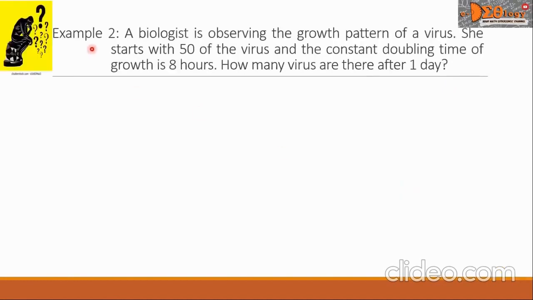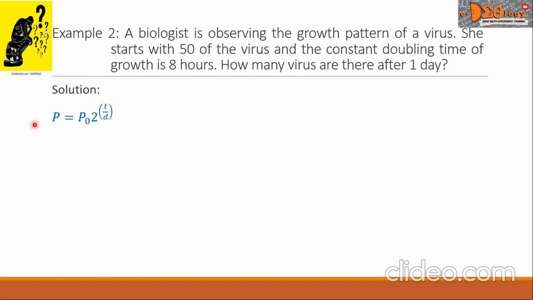Let's have example 2. A biologist is observing the growth pattern of a virus. She starts with 50 of the virus, and the constant doubling time of growth is 8 hours. How many virus are there after 1 day? For our solution, let's begin with our formula.